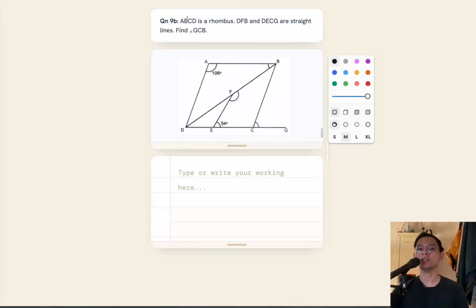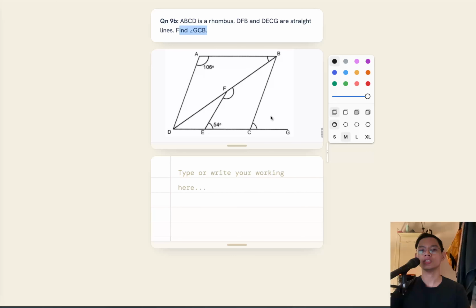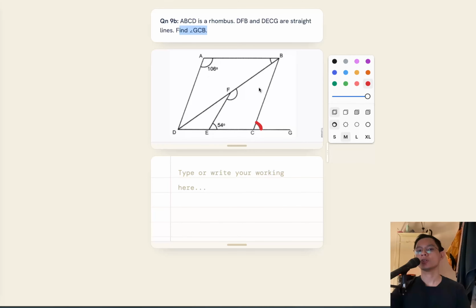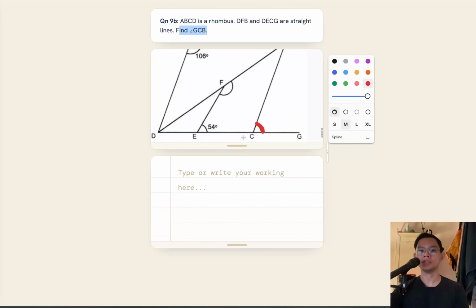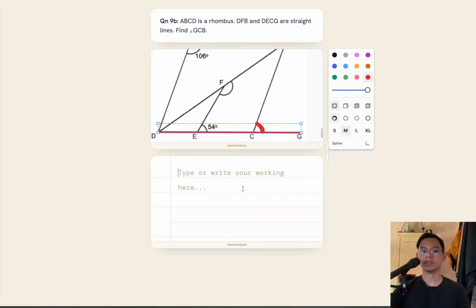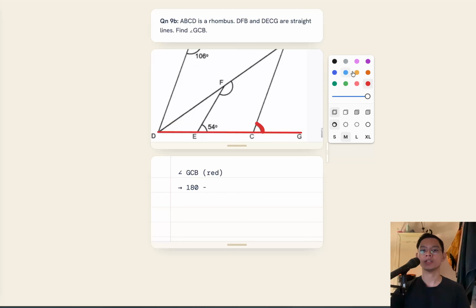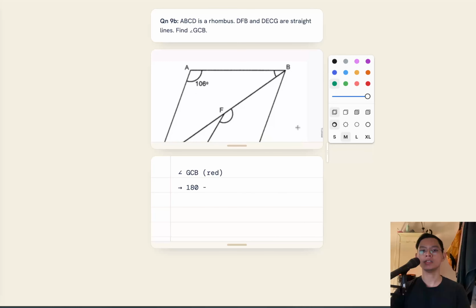So 9, part B. ABCD is a rhombus. Find GCB. So GCB, this part over here, this red. How do you find GCB? GCB is on a straight line like this. So GCB is equal to 180 minus the other angle, put this in green, DCB.